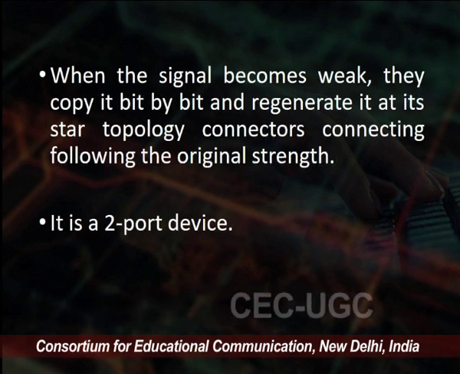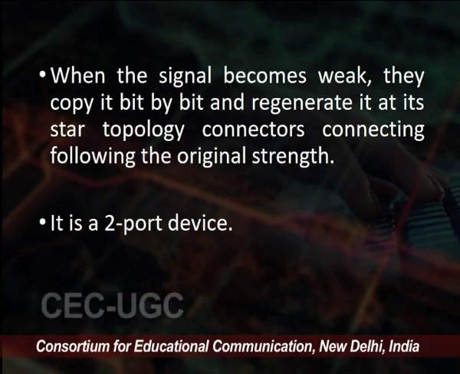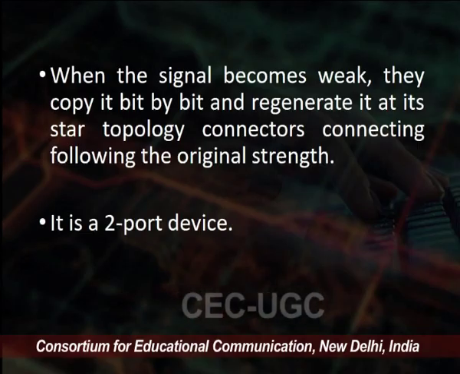This is actually a two-port device, and I hope you understand what a two-port device is. Now, what is the implementation strategy? When the signals become weak after transmitting over the network, the repeater copies them bit by bit and regenerates them at its connector. For example, in the star topology we talked about, connectors connect the different nodes.